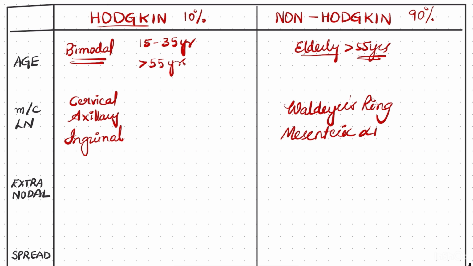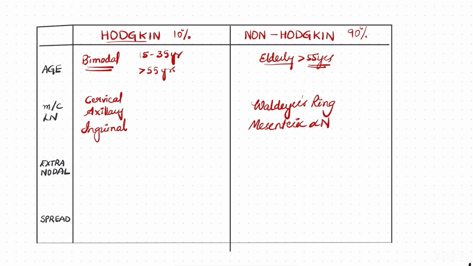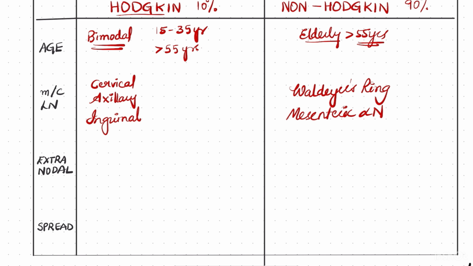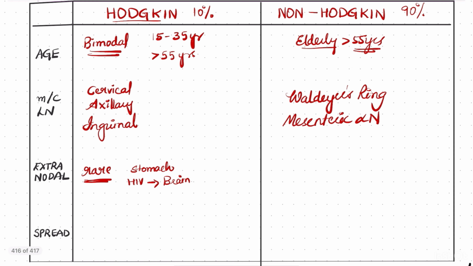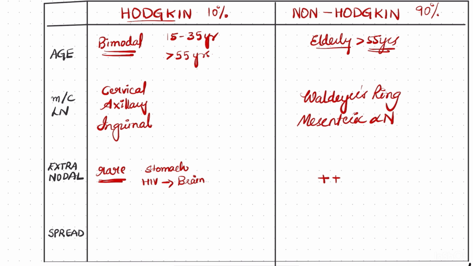Extranodal involvement in Hodgkin's lymphoma is rare. And as we have discussed, even if it occurs, the most common site is the stomach in normal individuals. In HIV, it is the brain. Extranodal involvement in non-Hodgkin's is very much likely.